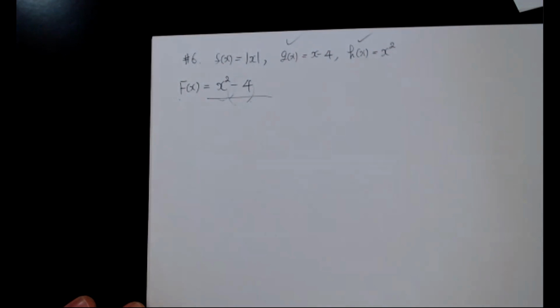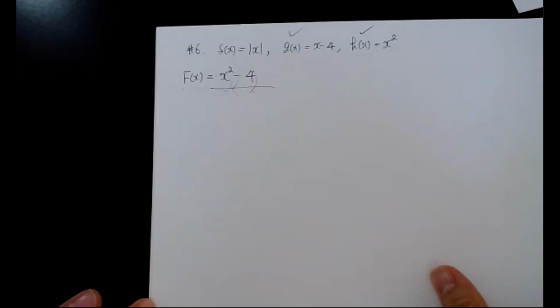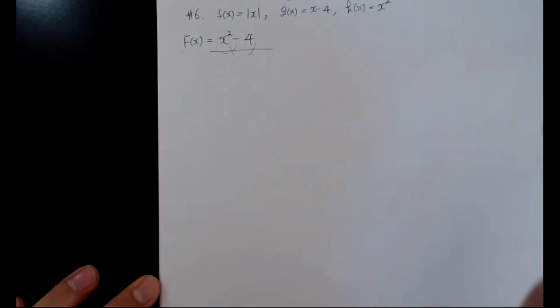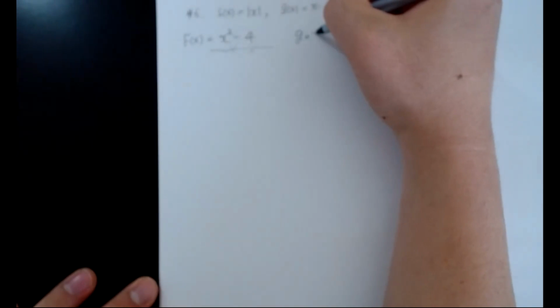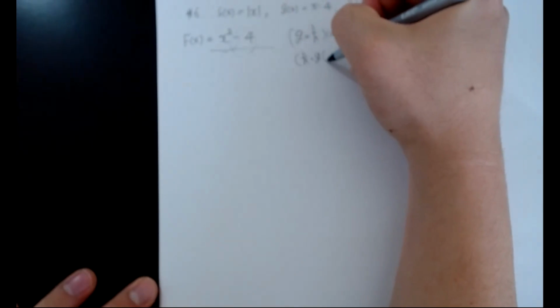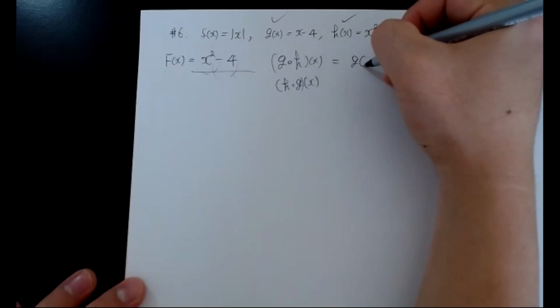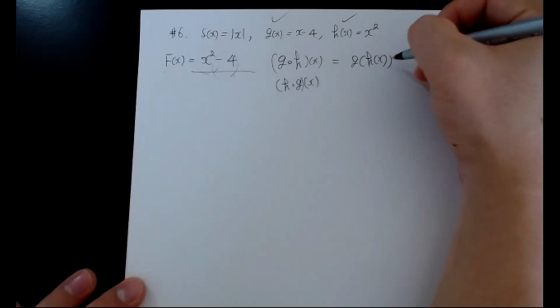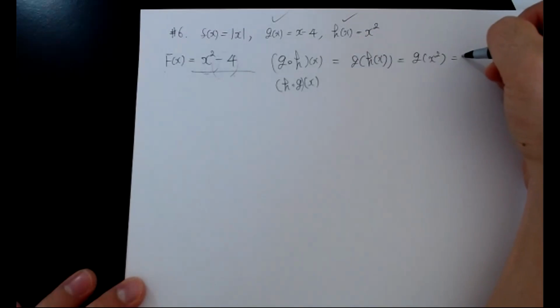Now we try to evaluate the composition of g and h, or h and g. This is g of h of x, which is g of x squared. That's going to be x squared minus 4.